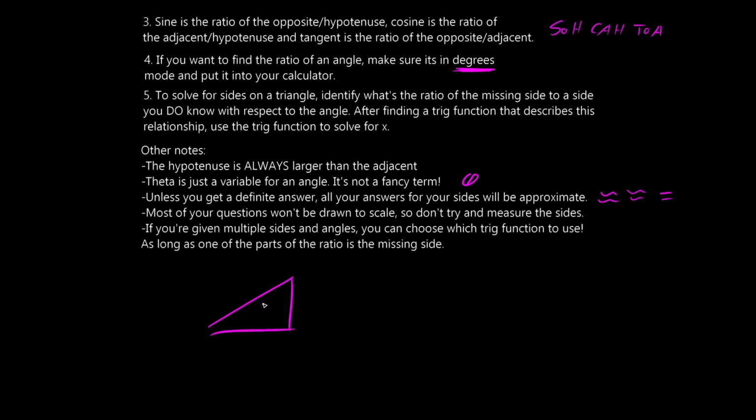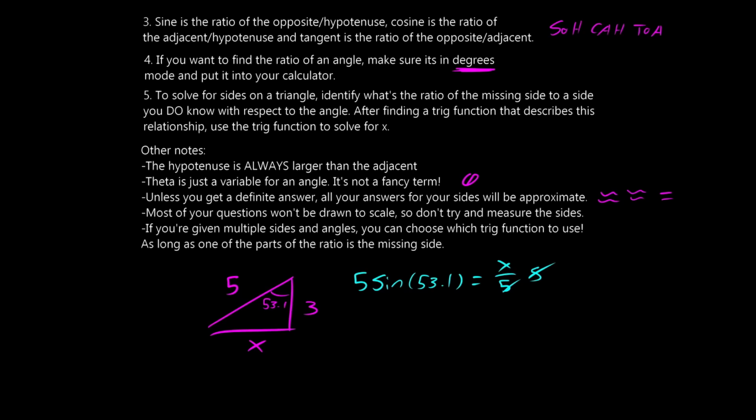If I have a triangle out here, and it is 53.1, and it's 3, and it's 5, if we're trying to solve for x, you can write sine of 53.1 is equal to x over 5. That works, and you can solve for x by multiplying both sides by 5.